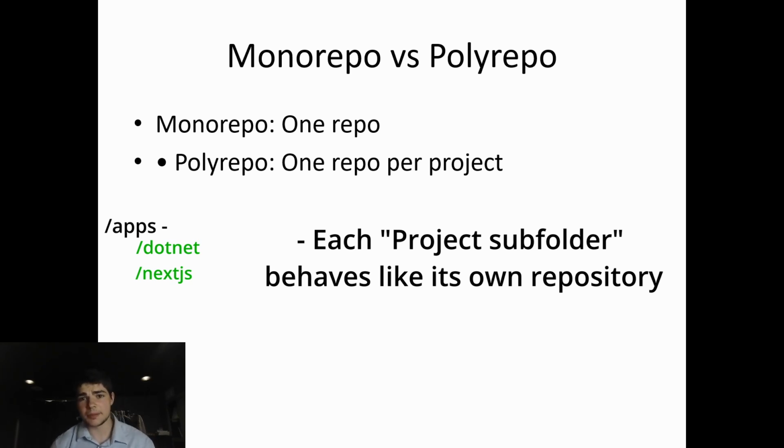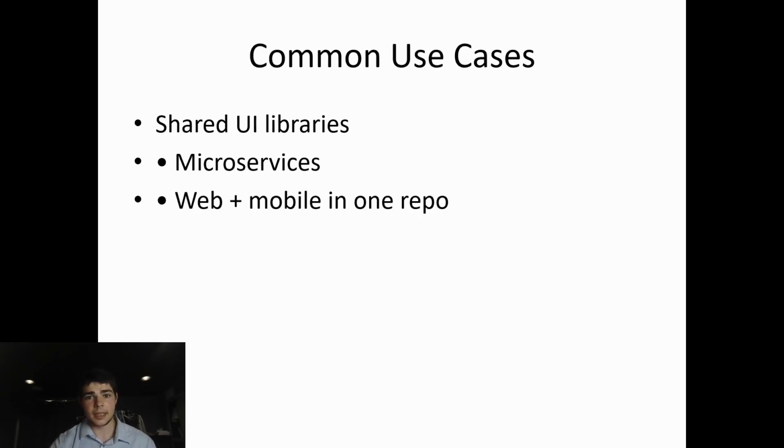And why would you want to make such a convoluted app, it seems? We have one massive repository containing all of our repositories in subfolders. Isn't that just incredibly confusing? Well, here are some of the use cases and why there are benefits you can take advantage of. For one, it's sharing those resources. ShadCN is an example of this.